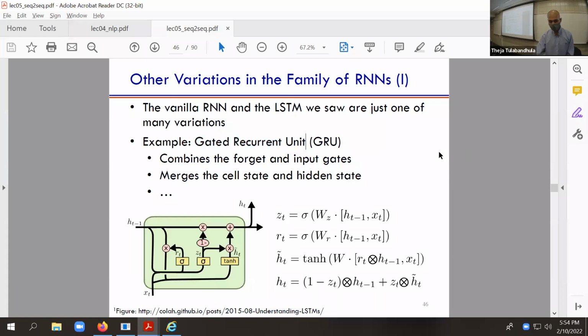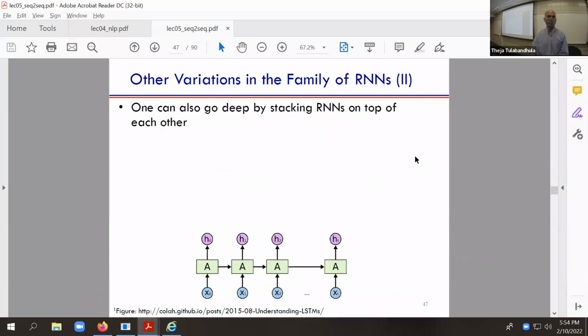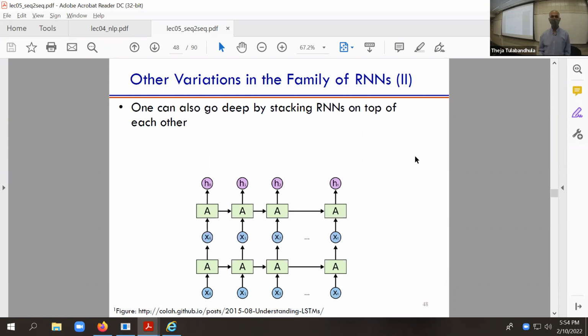So let's come back. We'll not spend much time on this, but I just wanted to make a couple of comments before we pause for today. There could be other variations to stack up these green cell boxes. They're just functions, right? Just like we could stack up fully connected layers or conv layers in all sorts of combinations, similarly here you could stack things like this.